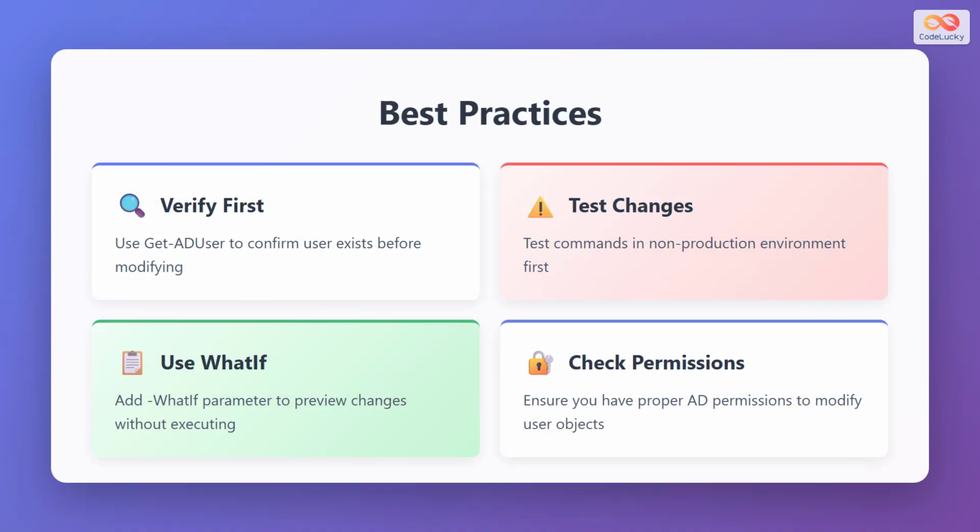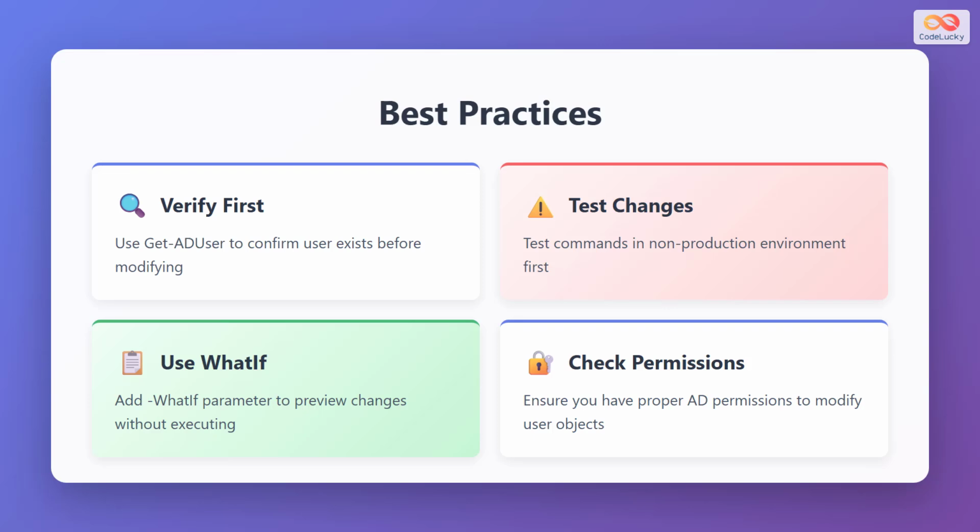Let's discuss some important best practices when using Set-ADUser. First, always verify the user exists before attempting modifications. Use Get-ADUser to confirm the account is present in Active Directory. Second, test your commands in a non-production environment first, especially when making bulk changes. This prevents accidental modifications to live user accounts.